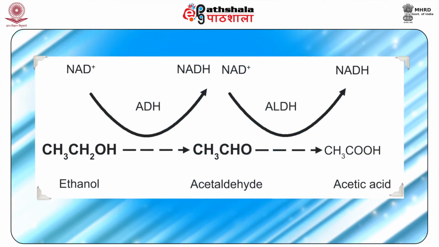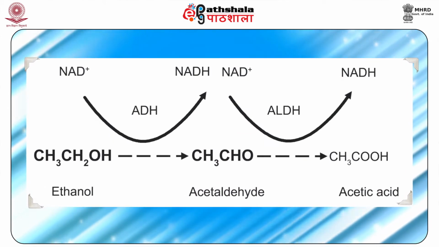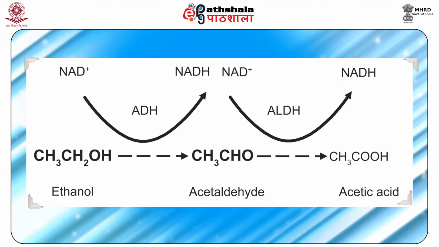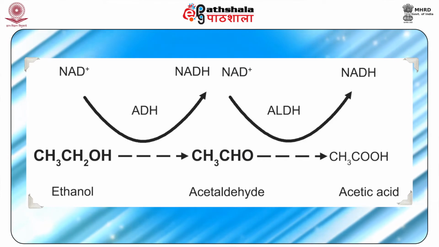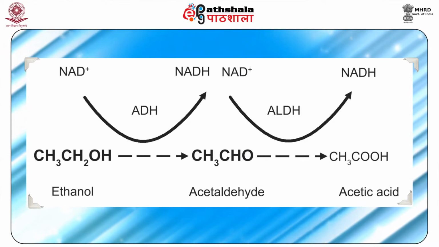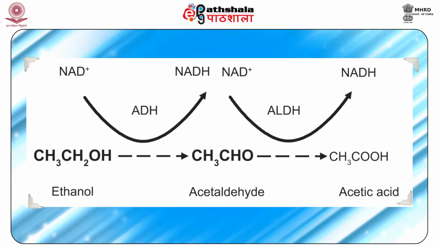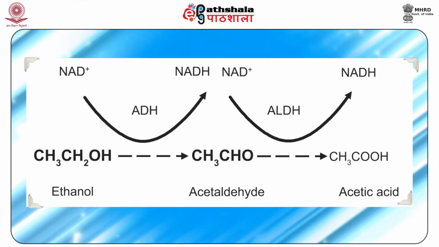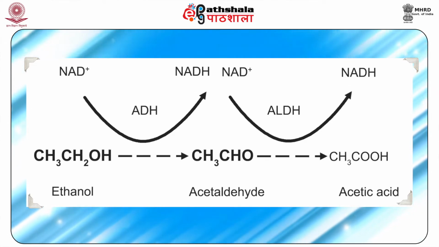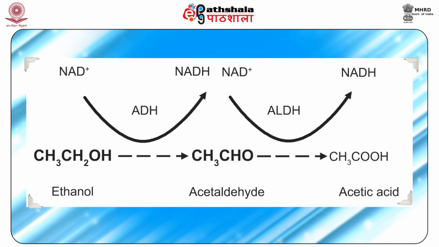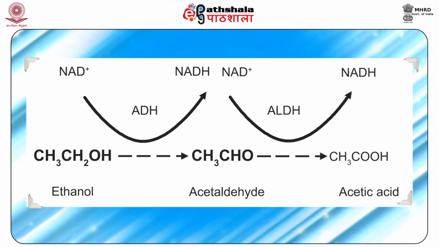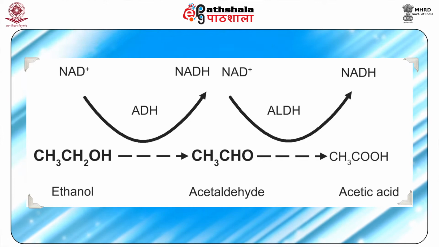Liver cells contain alcohol dehydrogenase, or ADH, which converts alcohol to acetaldehyde. Other enzymes like acetaldehyde dehydrogenase in turn convert the acetaldehyde to water and carbon dioxide, which are eliminated from the body.